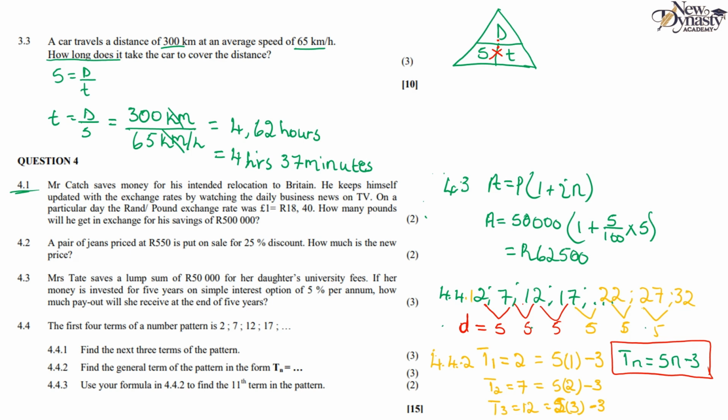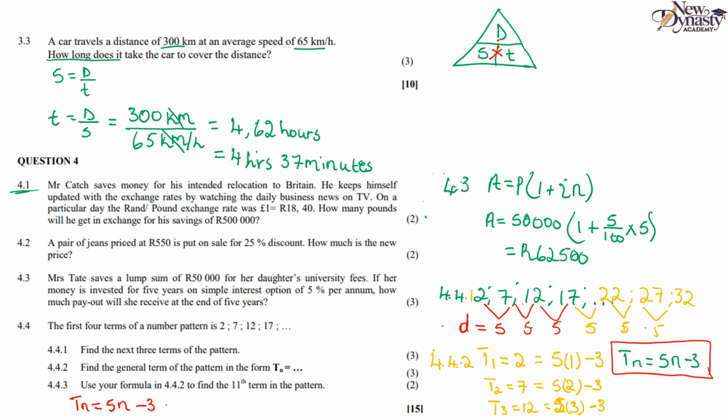Now the last question, for question 4, it says use your formula in 4.4.2 to find term number 11, the 11th term of the pattern. Grade 8, that is very easy. So we have got our formula, which is Tn is equals to 5n minus 3.